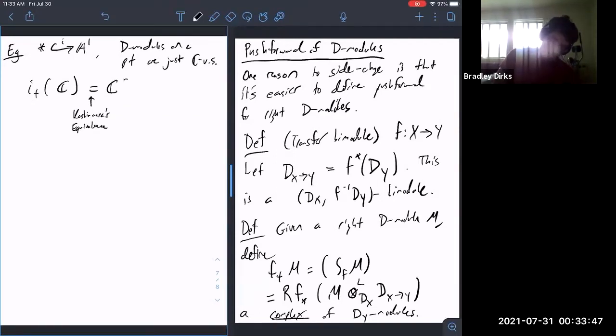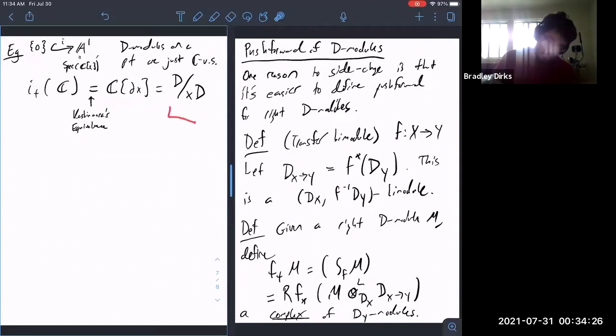This is really just C adjoin differentiation in the x direction if the coordinates here are x. And the way that the D module action is, so this is a right D module, so I think it should just be D mod xD. I should say the point that I'm talking about is 0 here. But we can talk about D modules on that point 0 just as C vector spaces. So a one-dimensional C vector space pushes forward to this, and then you can extend it by additivity.